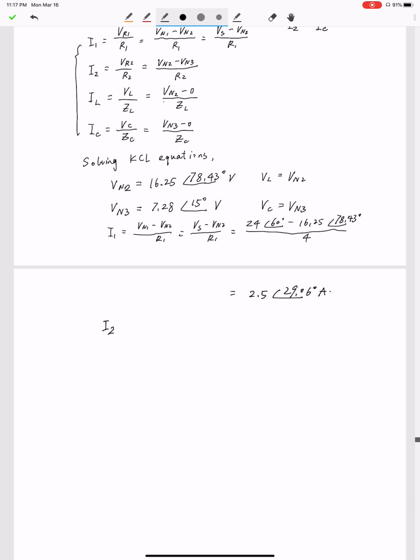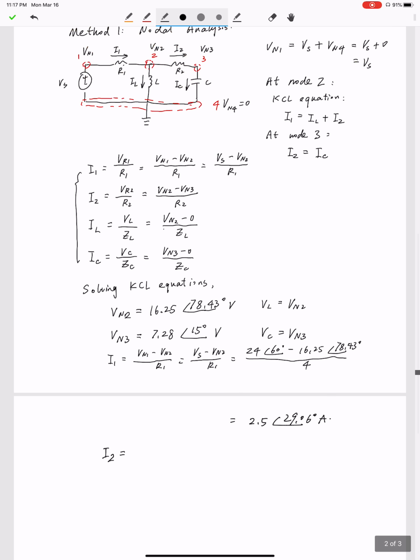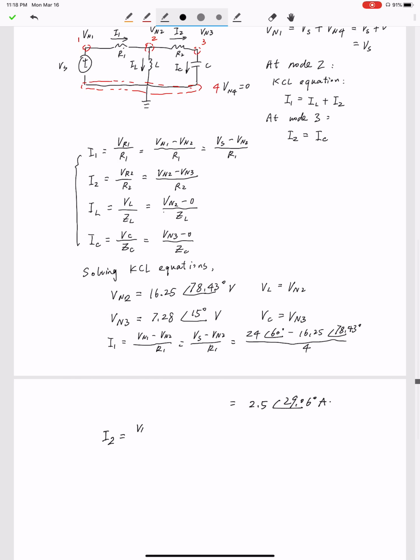And the last one, I2, is the current flowing through R2, which is represented by Vn2 minus Vn3 divided by R2. That is 16.25 at 78.43 degrees minus 7.28 at 15 degrees, divided by R2, and R2 is 8 ohms.